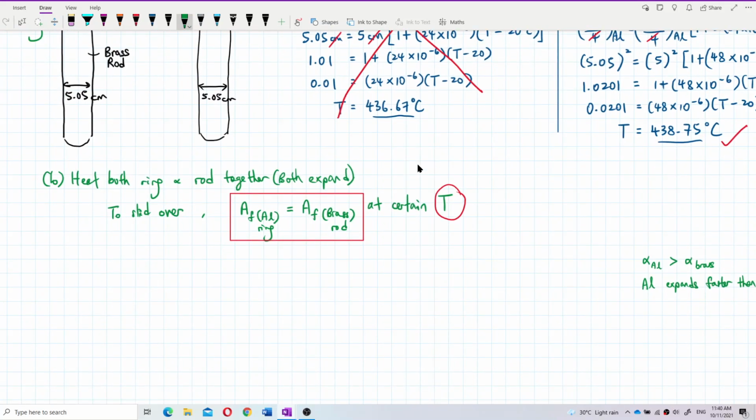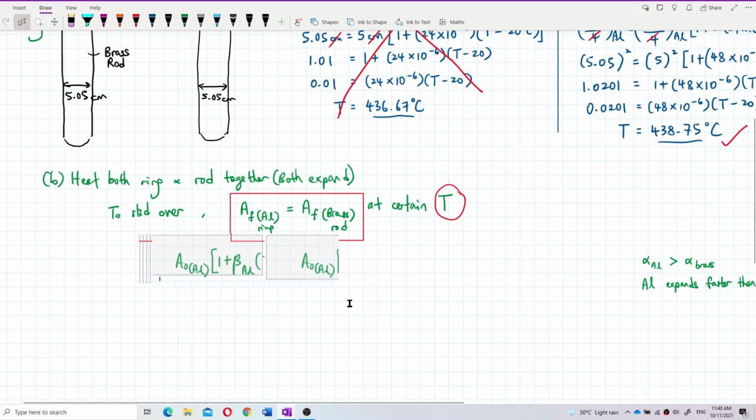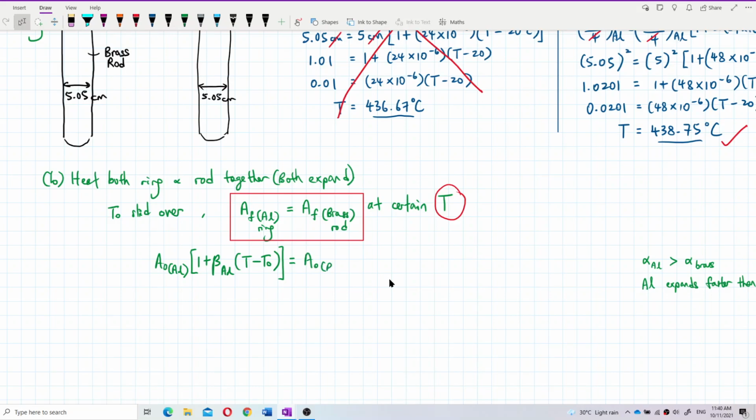Final area of aluminum is the initial area of aluminum times 1 plus beta, beta for aluminum, times final temperature minus initial temperature, and this is equal to the final area of the brass rod, which is the initial area of brass times 1 plus beta for brass, times T minus T naught.